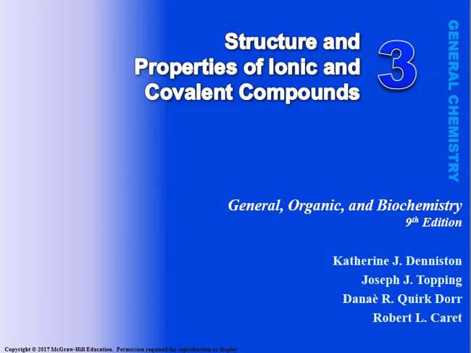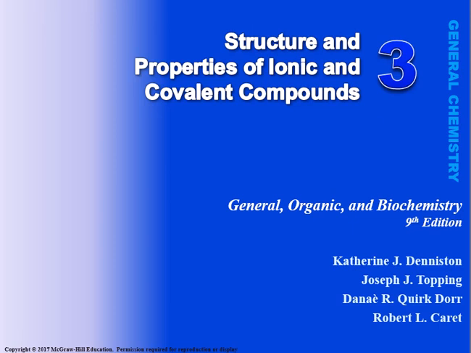In this chapter, we are going to learn about ionic and covalent compounds. So far, we have learned about the atom and the subatomic particles. Now, we are going to advance a step, and from the elemental form of atoms, where they are by themselves, we are going to convert them into compounds.